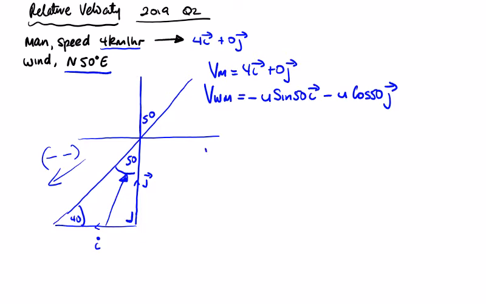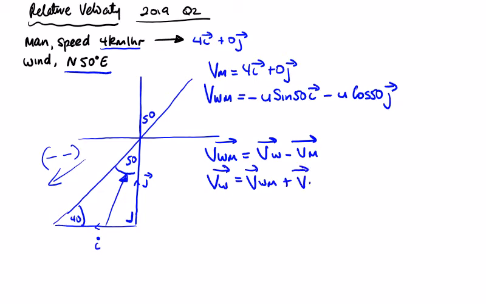We also know that the velocity of the wind relative to the man is equal to the velocity of the wind minus the velocity of the man. In this question, we're asked to find the magnitude and direction of the velocity of the wind, so we want to isolate the velocity of the wind. The velocity of the wind is equal to the velocity of the wind relative to the man plus the velocity of the man.